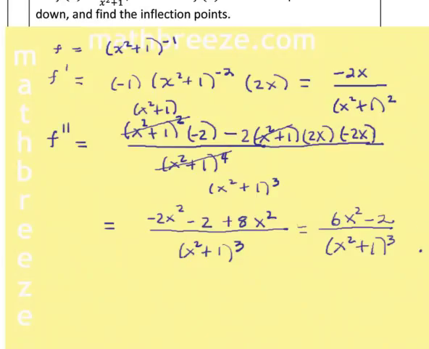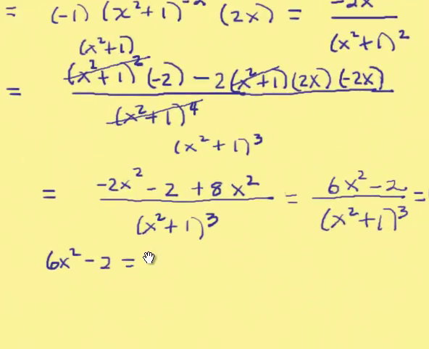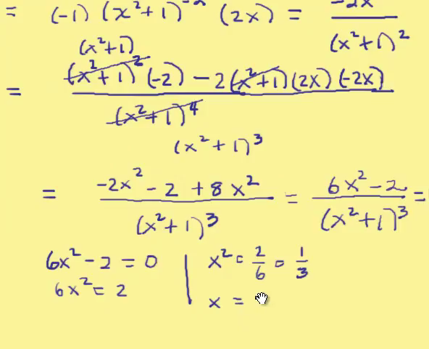We want to set this equal to 0 and solve. So we're going to set the numerator equal to 0, and we have 6x squared equal 2. X squared is equal to 2/6, or 1/3. So x is equal to plus or minus 1 over the square root of 3.